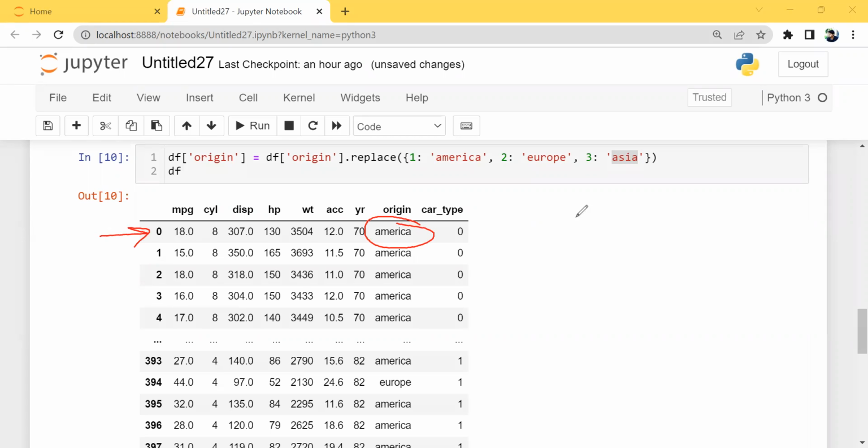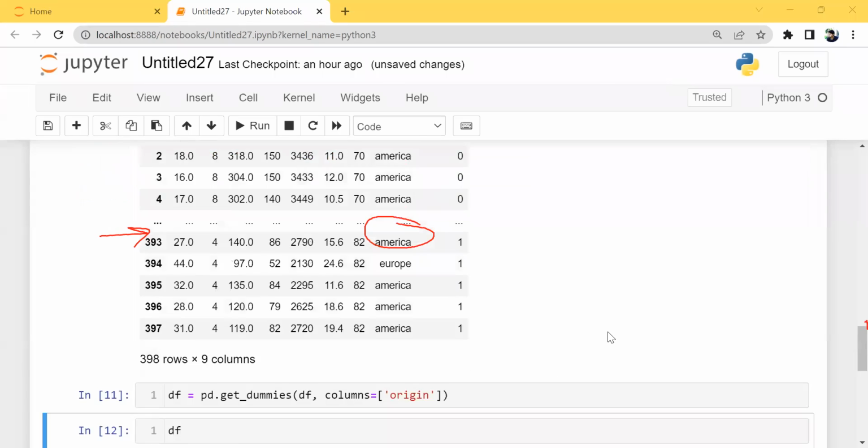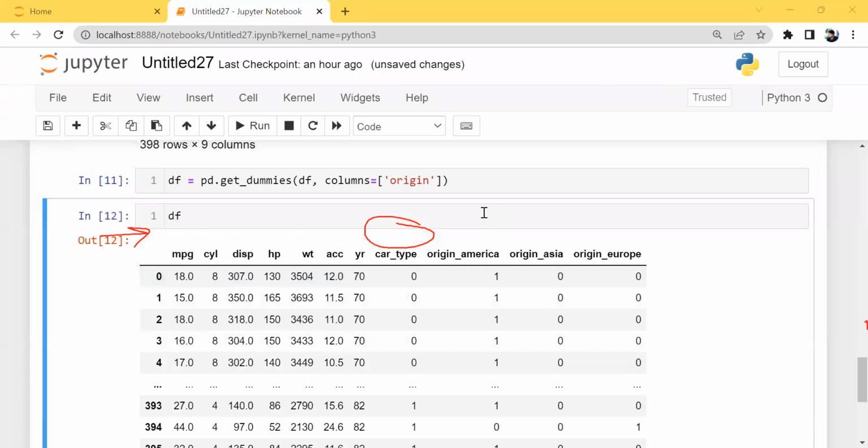So in the place of America, for the index 0, it has the value 1.